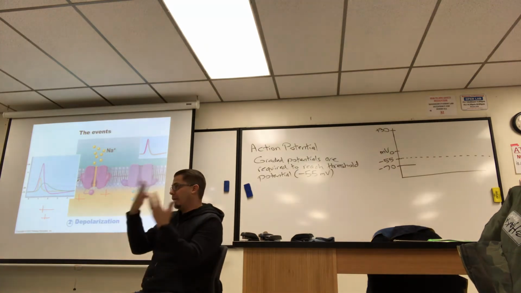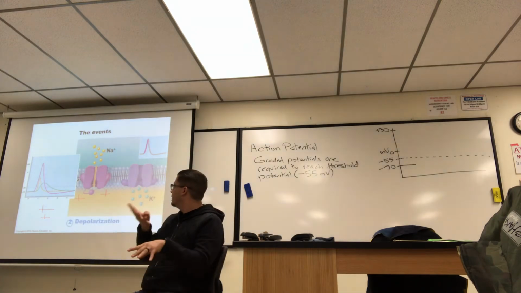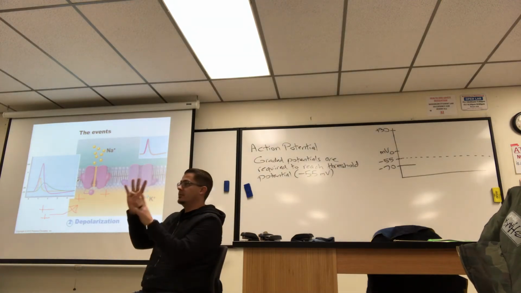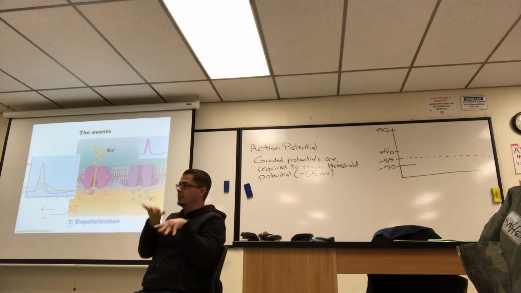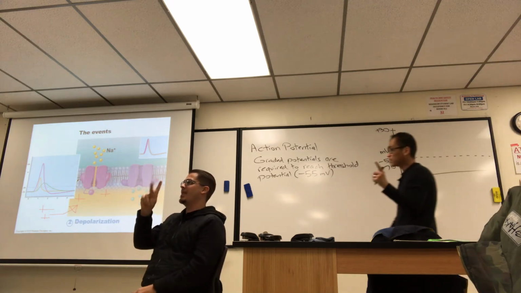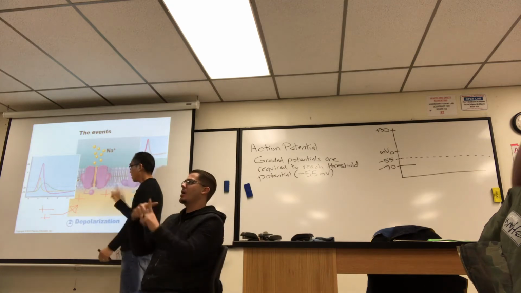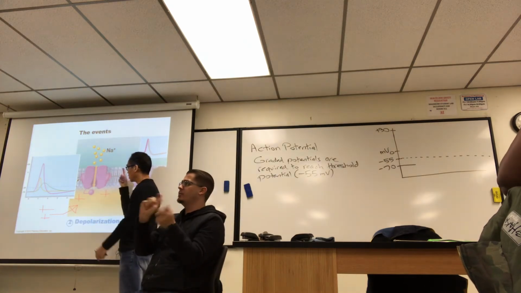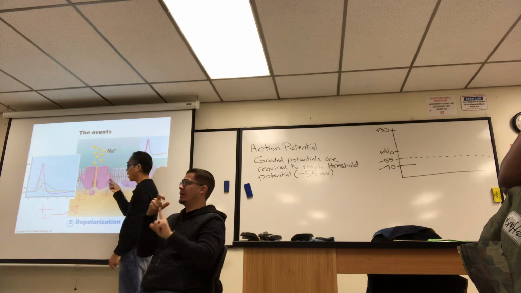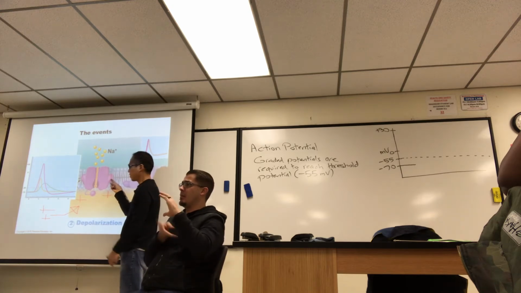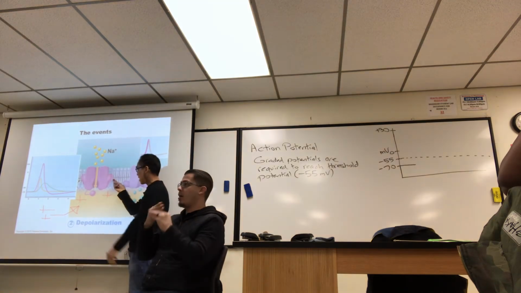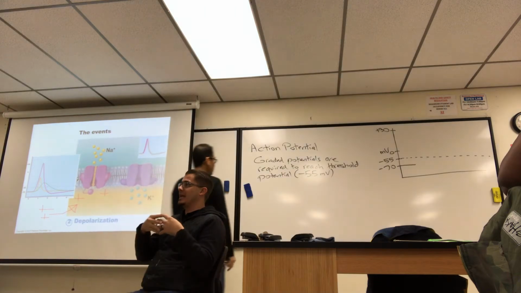And they're traveling this way. Positive charge has arrived to the axon hillock, the first segment of the axon. It has to come here. It has to be enough of a change to stimulate this cell. Okay, this molecule, the voltage-gated potassium channel.